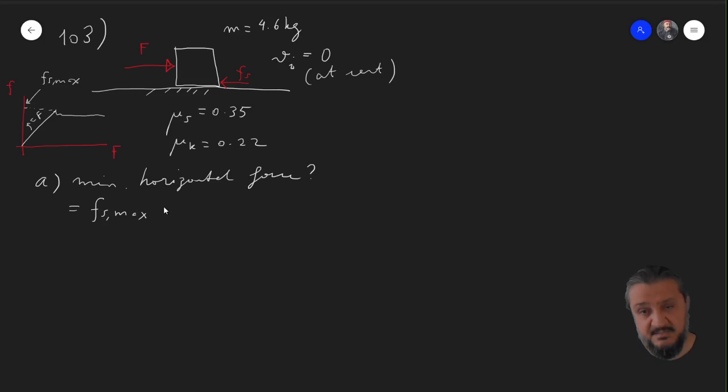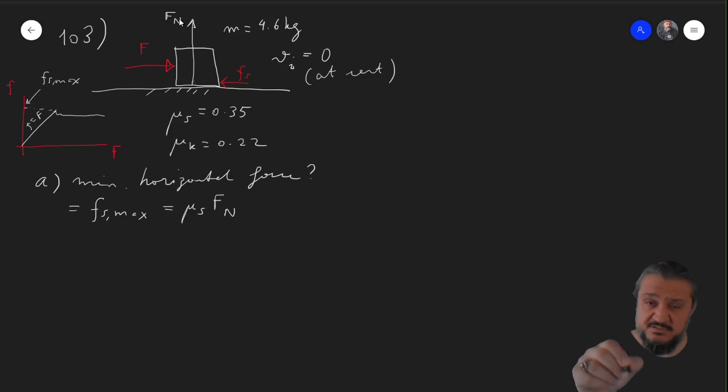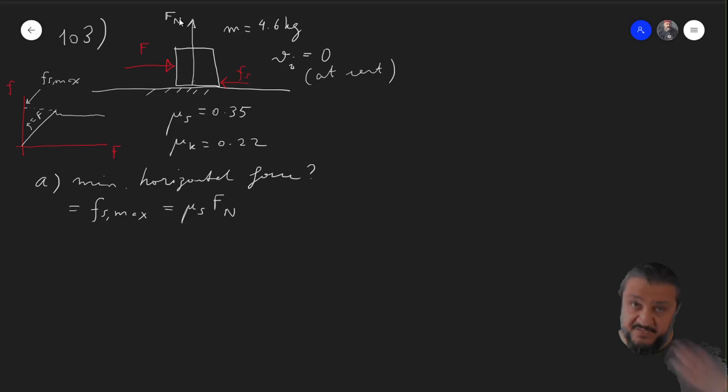And that is a fixed number, which is nothing but μs, that is given to us, times the normal force between the object and the surface. Okay? So that's the plan. We're going to find the normal force and multiply it by μs to get the maximum friction force, which will be equal to the minimum horizontal force required to move this object.